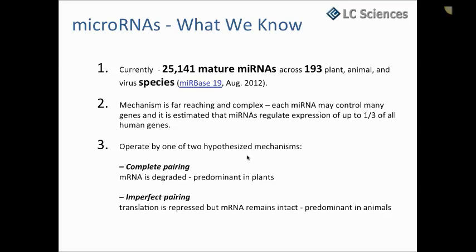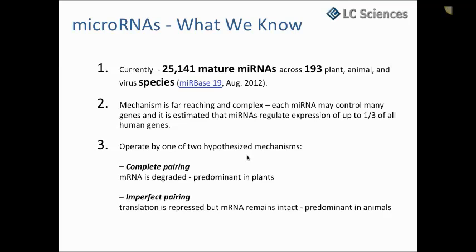There are currently 2 hypothesized mechanisms. One is the complete pairing, which is predominant in plants. In this case, the messenger RNA and the microRNA that is regulating the messenger RNA is a perfect match. So we have complete pairing, which then results in degradation of the messenger RNA.